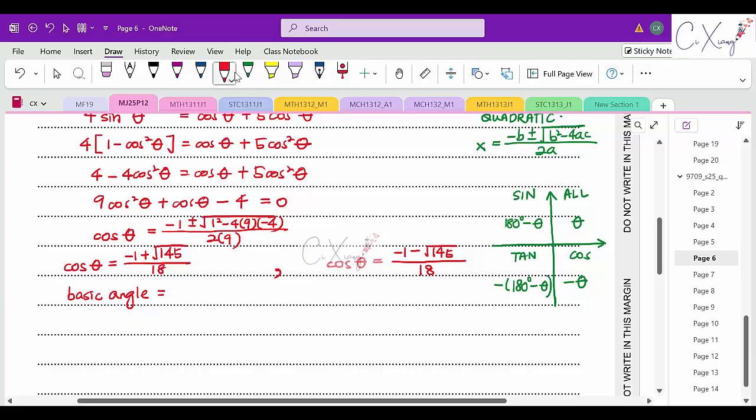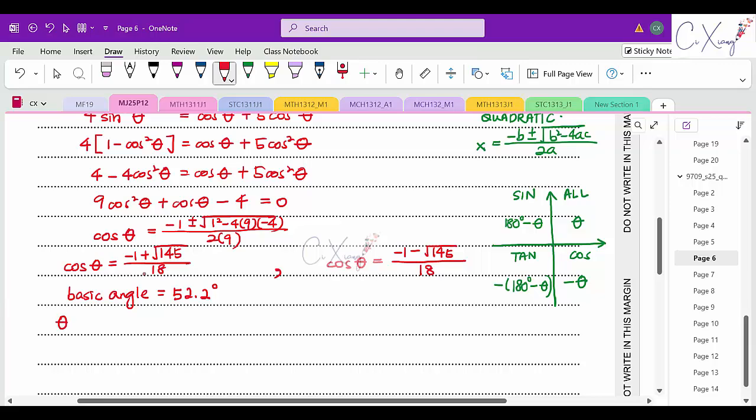So first of all, let us figure out the basic angle for this equation. Please press the calculator and check what the answer is. This is a positive value that is less than 1. So you press cos inverse, and you get a basic angle of 52.2.